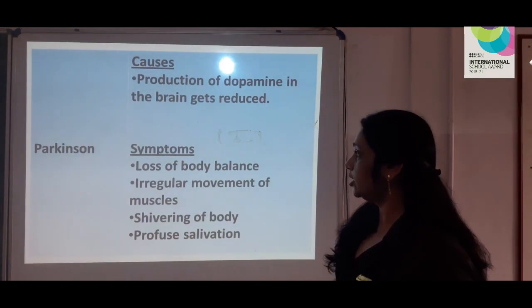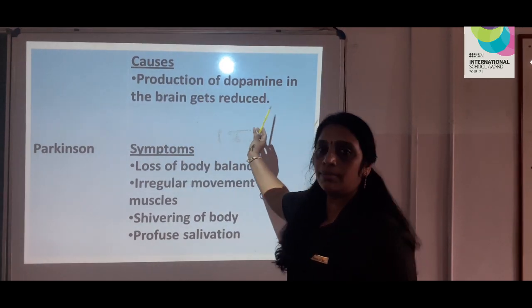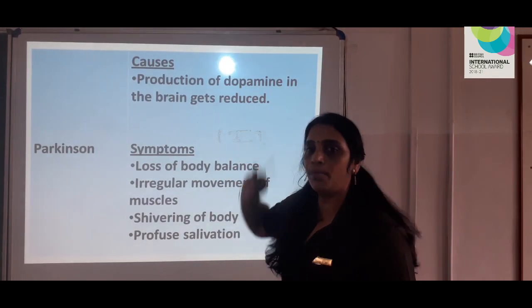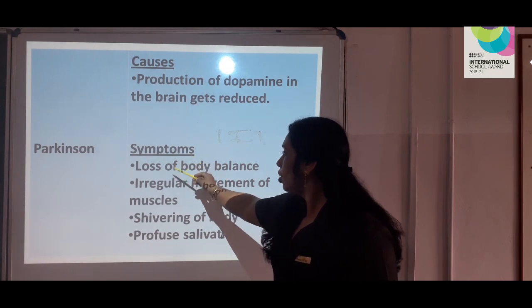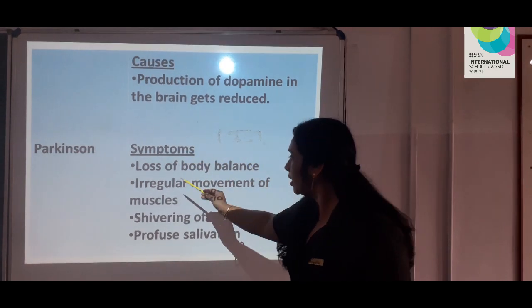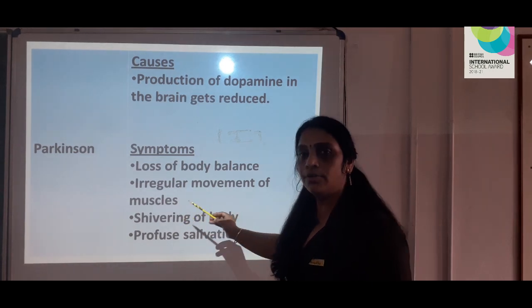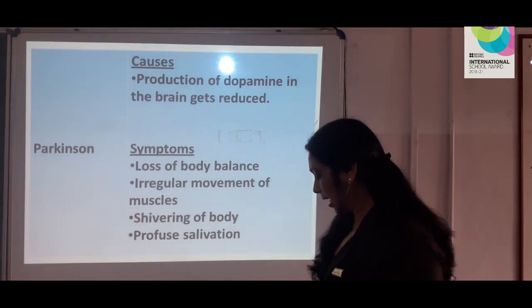The next one is Parkinson's. The cause is that production of dopamine in the brain gets reduced. We know what dopamine is. Dopamine is a neurotransmitter. The symptoms are loss of body balance, irregular movement of muscles, shivering of the body, and profuse salivation. These are the symptoms of Parkinson's.